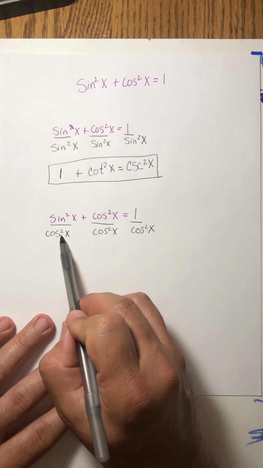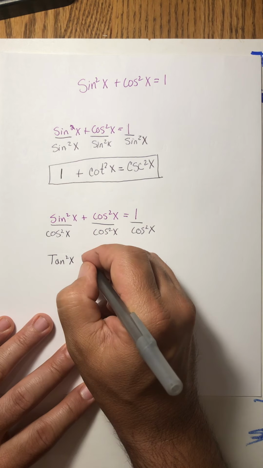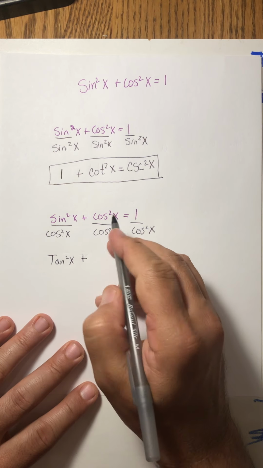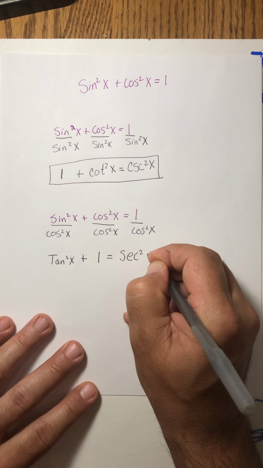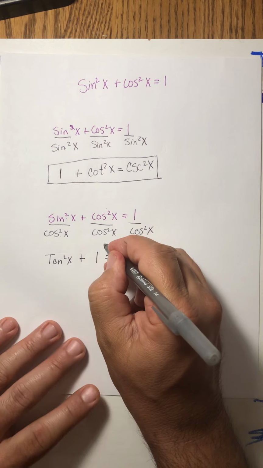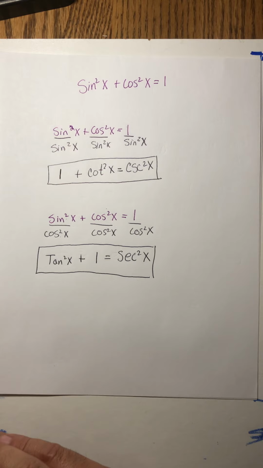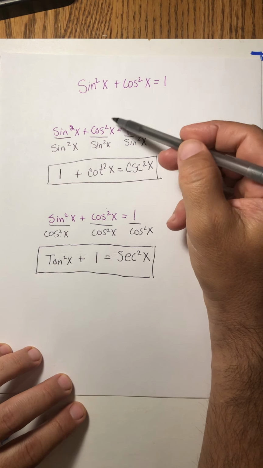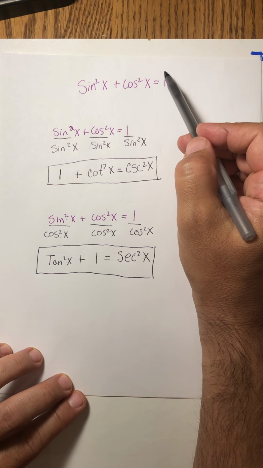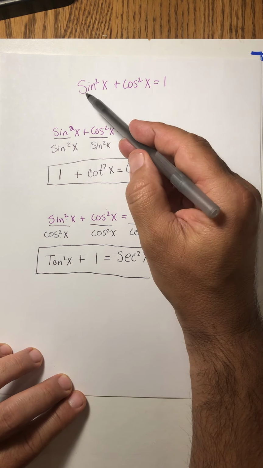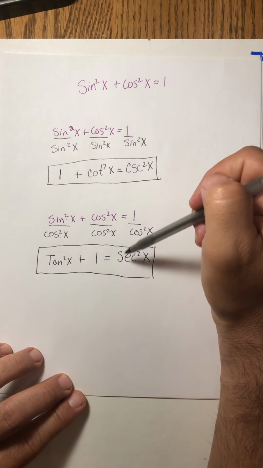Well, sine squared over cosine squared, that's right, that's tangent squared, plus cosine over cosine, that's 1, equals secant squared of x. So this is our other trig identity, a Pythagorean identity. So these two right here are just the Pythagorean identity rewritten after we divided everything by either sine or else we divided by cosine. But this is another identity that you should memorize.